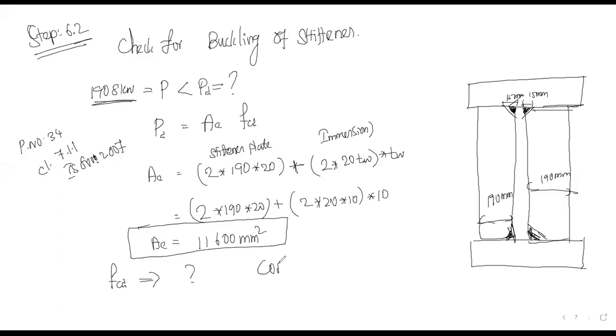So let us go to the calculation. Consider buckling class C, and KL by r minimum. So r is nothing but root under I by A. The I value is nothing but BD cube by 12.